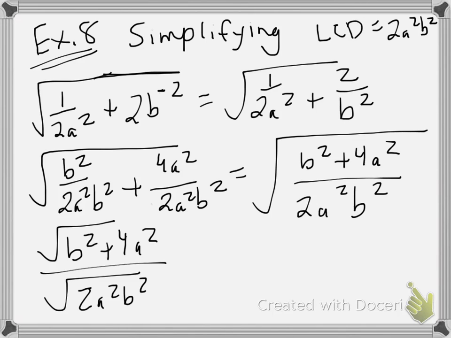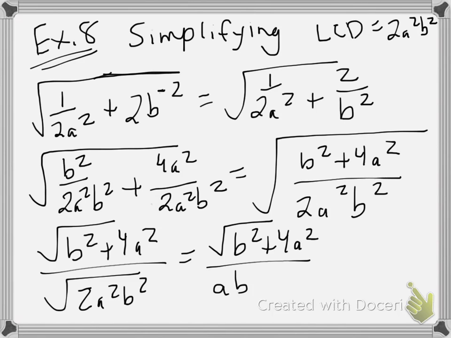So the numerator would stay the same, b squared plus 4a squared. Denominator would now become, I'm going to pull the ab out front, square root of 2. We don't like square roots on the bottom, so multiply by square root of 2 over square root of 2.